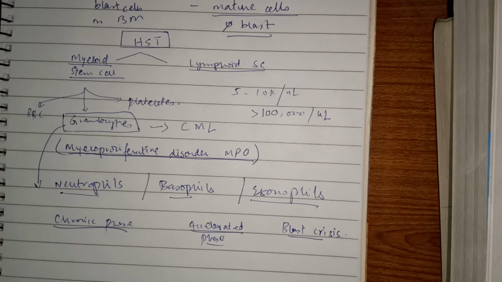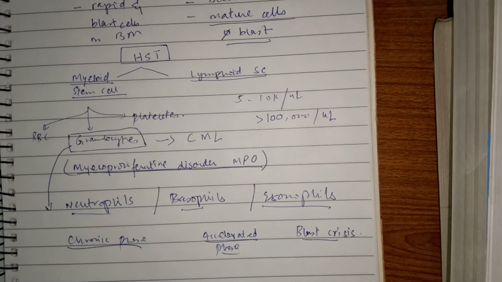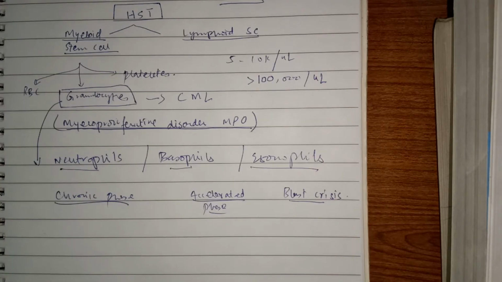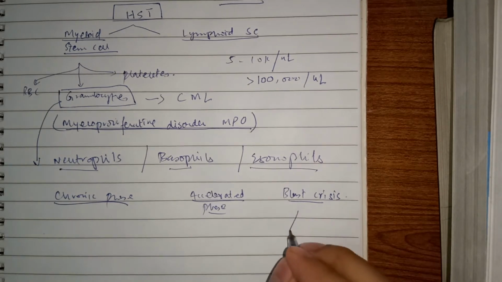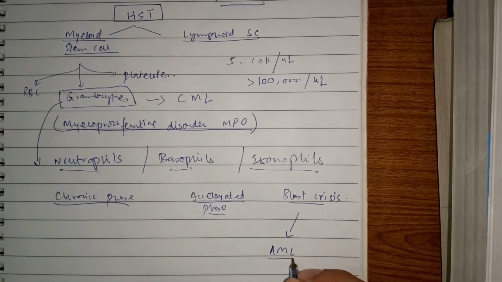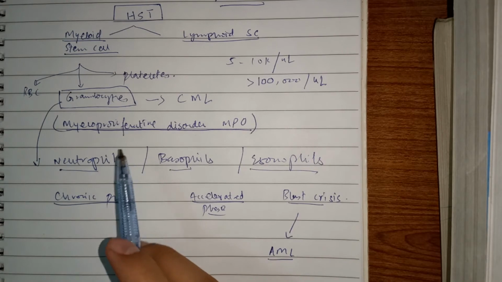Now in accelerated phase the symptoms get worse, like the patient has splenomegaly, bone pain, bleeding, infection, and this phase usually transforms into blast crisis. This blast crisis phase is the most common cause of death in patients, and this phase then usually transforms into AML, acute myeloid leukemia, because the mutation is in the pluripotent stem cell.